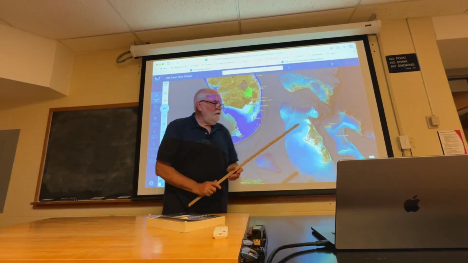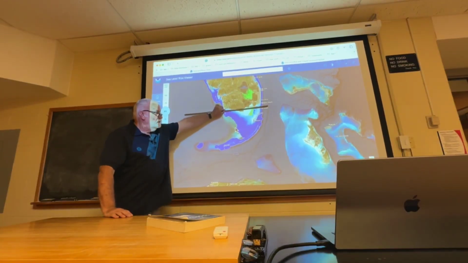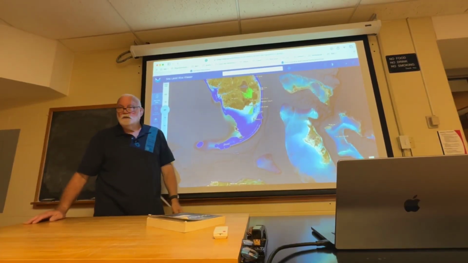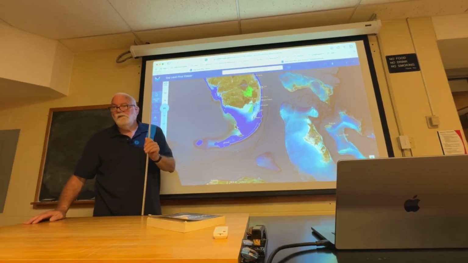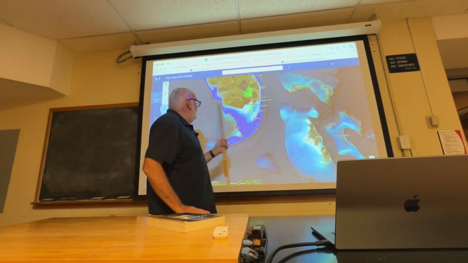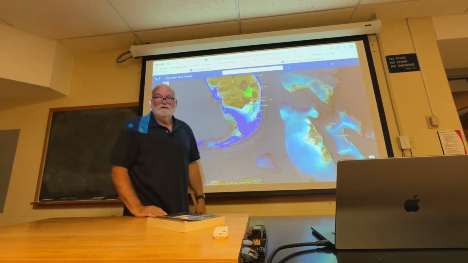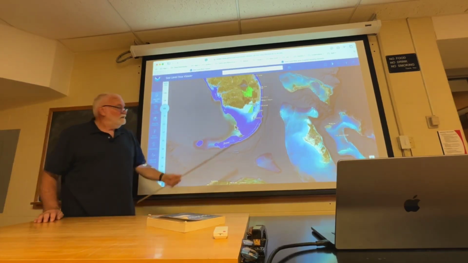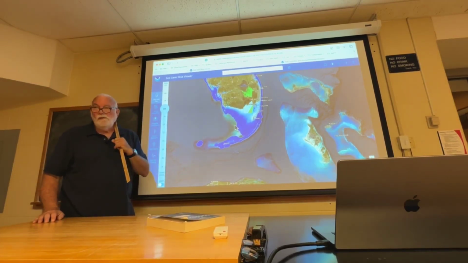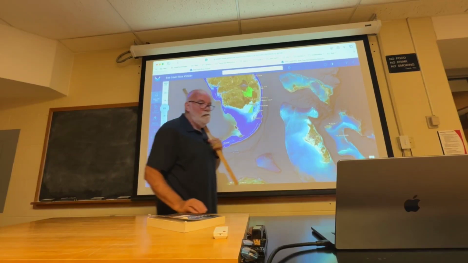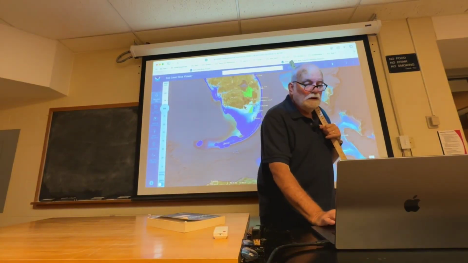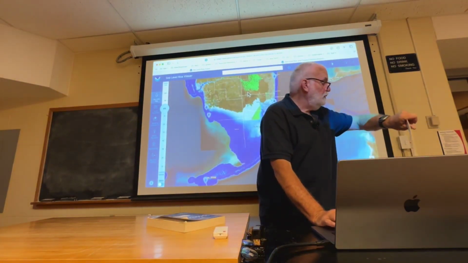We lost South Florida. 8 feet, that's 2.5 meters, that's a lot of water, but there it goes. Right? All right. What do we need to do now?